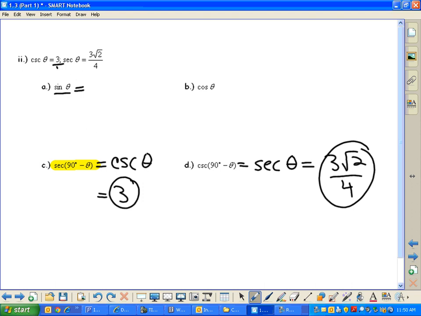So cosecant is 3 over 1. I know that the sine of theta is the reciprocal of cosecant. You do 1 over cosecant. So if I need to just flip 3 over 1 to get my answer, it's just going to be 1 over 3.